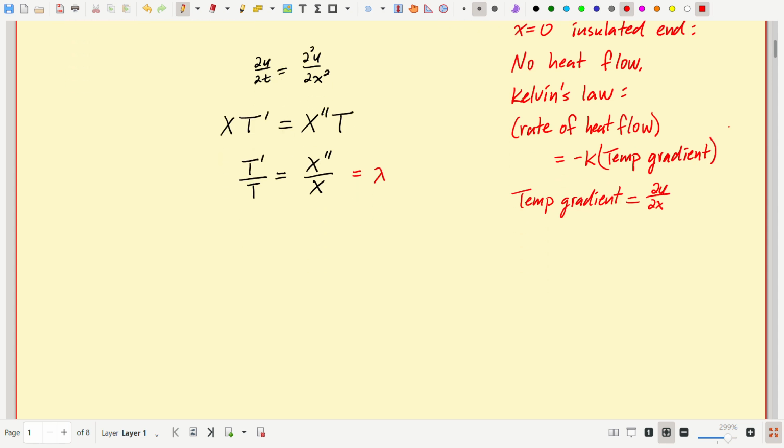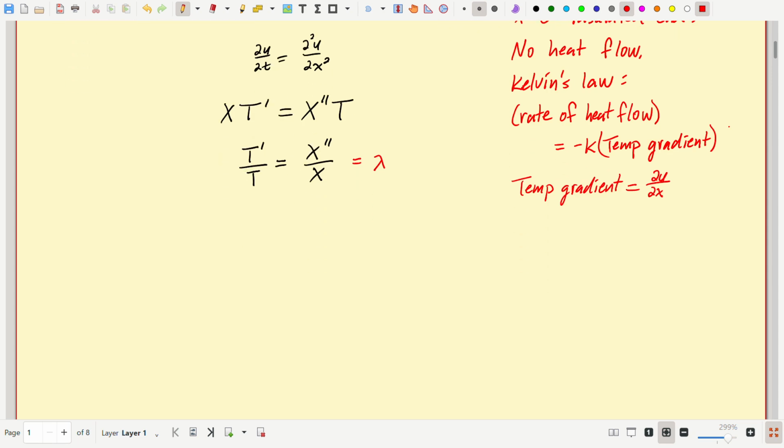Okay, so we've done this routine before. Let's translate the boundary conditions.